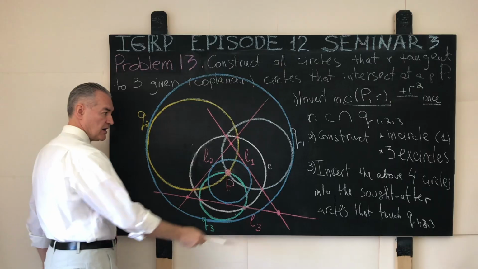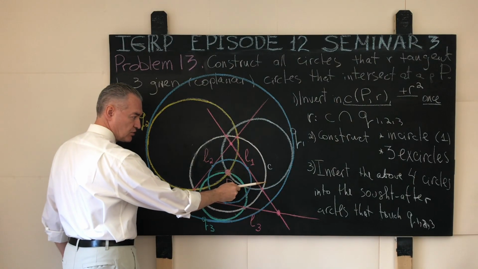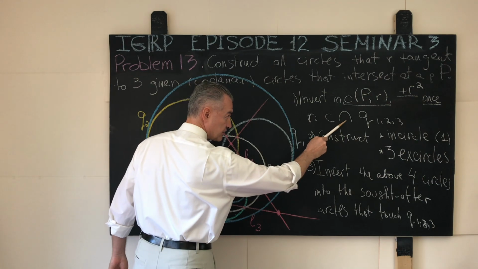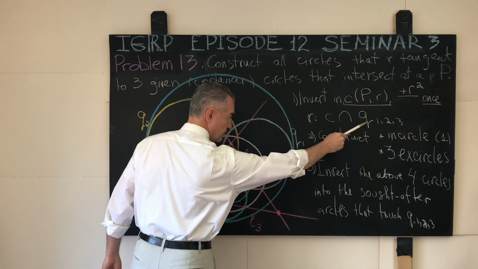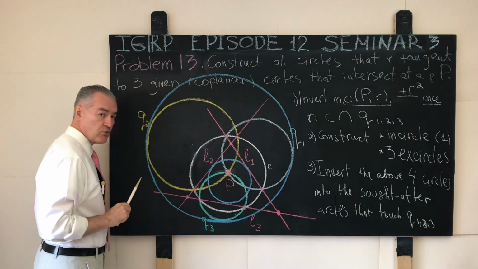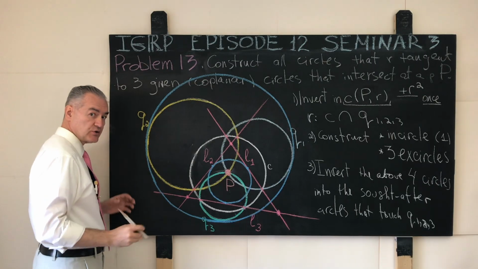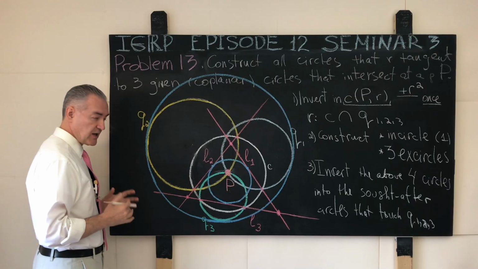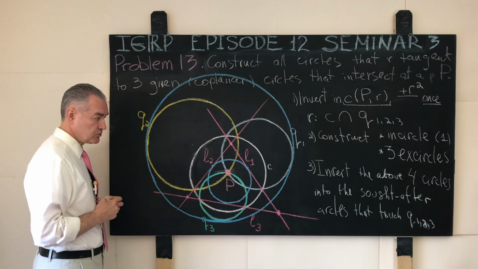But when I brought the radius of inversion back in such a way that it honored the intersection of the three given circles requirement, then the solution circles popped into existence one after the other. This is what you were expected to see.